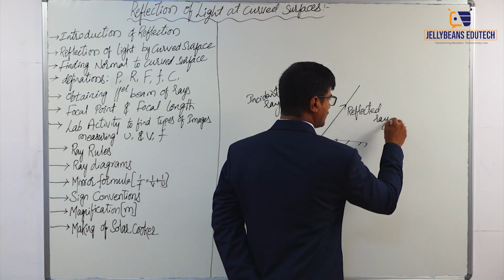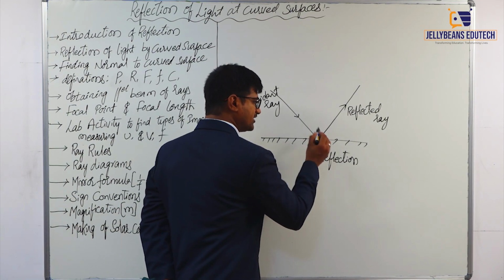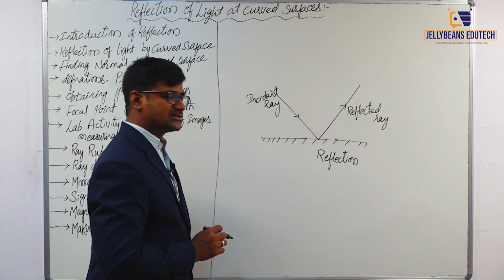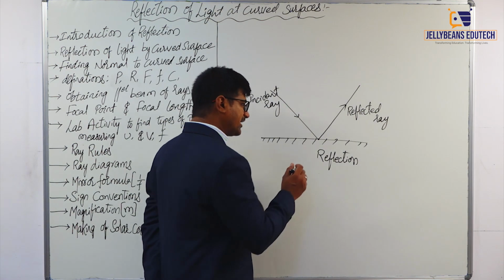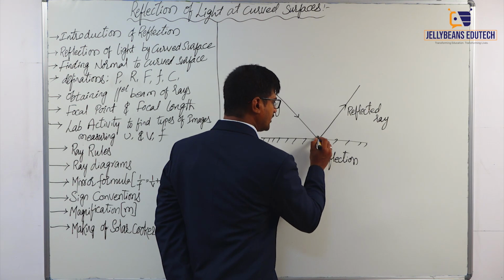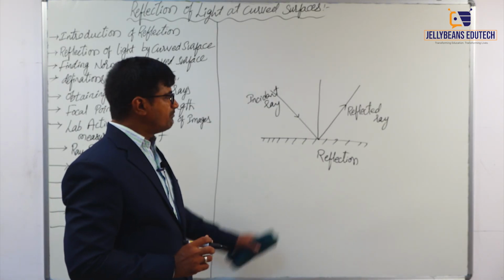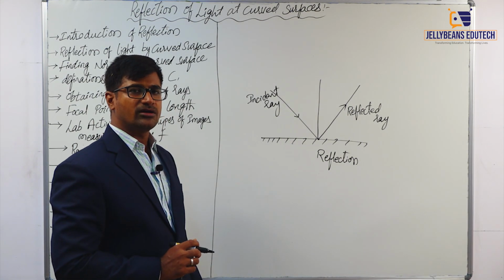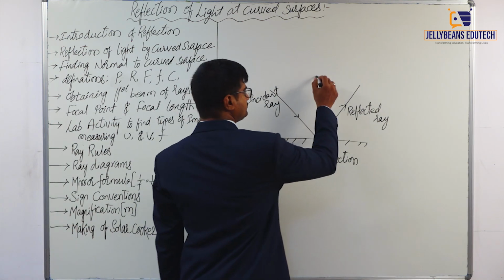The point where the light strikes the surface is called the incident point. At that point, I am drawing a normal. Normal is a perpendicular line drawn to the surface.